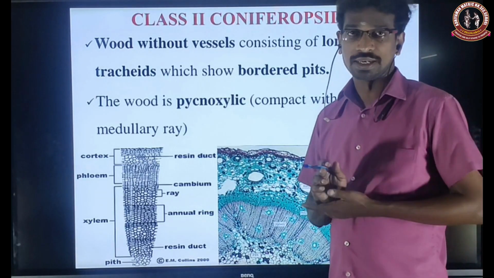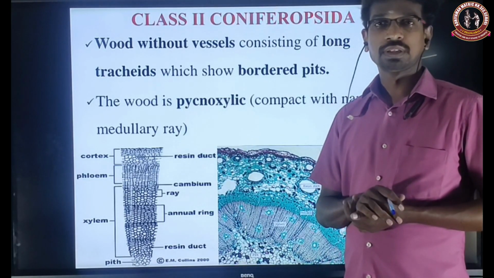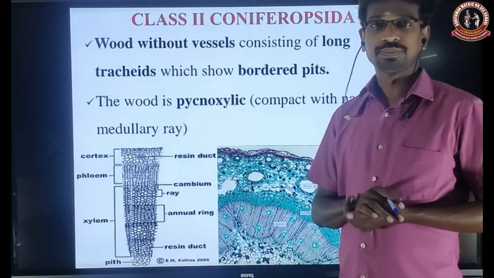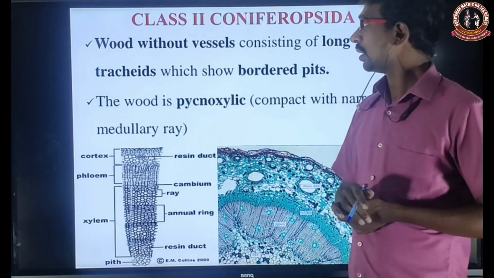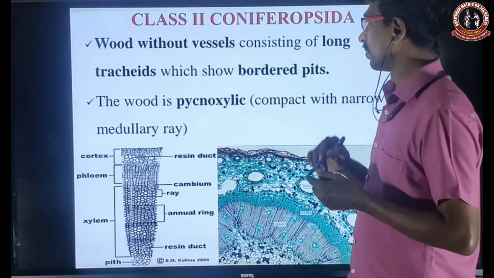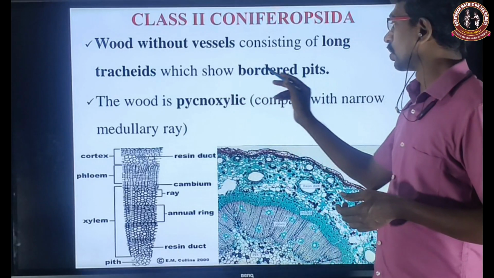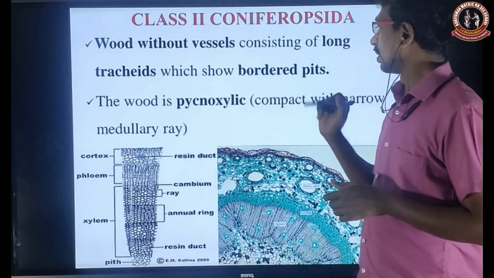Some exceptions are there. The Gnetum and Ephedra of the gymnosperms have vessels, and the Pteridophyte Selaginella too, but it's not very common. It's an exception. The wood consists of long tracheids which show bordered pits.